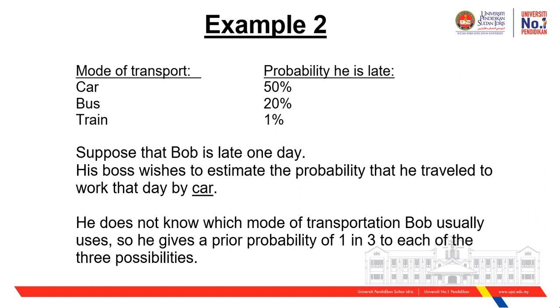The probability he will travel by bus is 0.33, and the probability he will travel by train is also 0.33. So first of all, you need to take out all the information and try to fit it into the Bayes theorem formula. Okay, so let me just show you how to solve this.